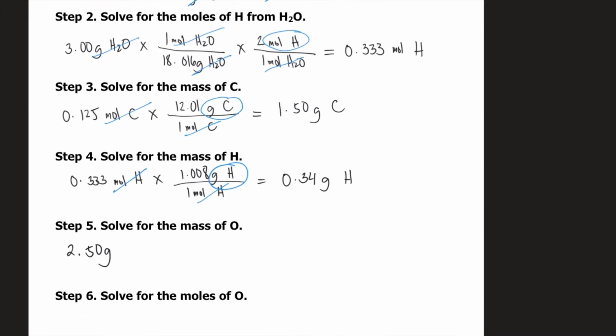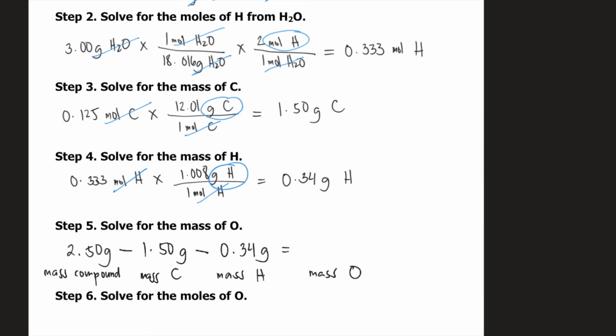And from step number 3, we got the grams of carbon. So what we can do is we can subtract 1.50 grams because this is the mass of carbon. So 2.50 grams again is the mass of the compound. 1.50 grams is the mass of carbon. And if you subtract again the mass of hydrogen, 0.34 grams, what is left is the mass of oxygen.